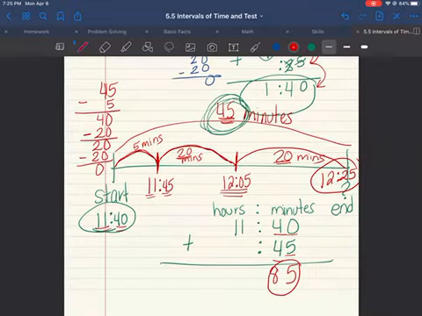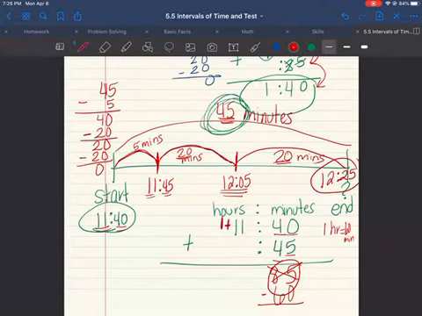Now, be very careful here. If you notice, it says 85 minutes. Remember, 1 hour has 60 minutes. So from those 85, I am going to take 60 minutes, which will be my hour.